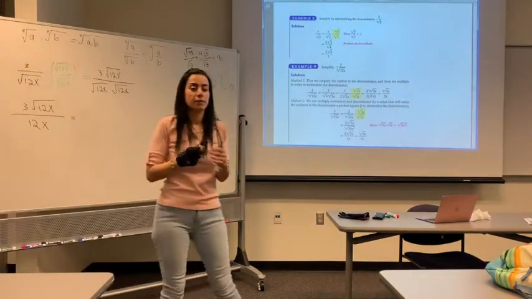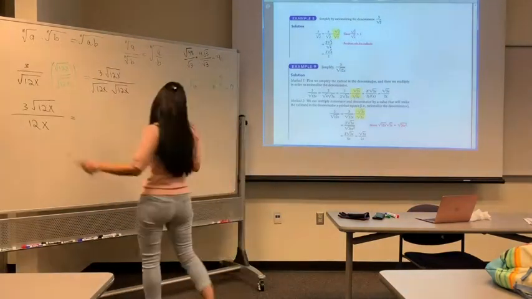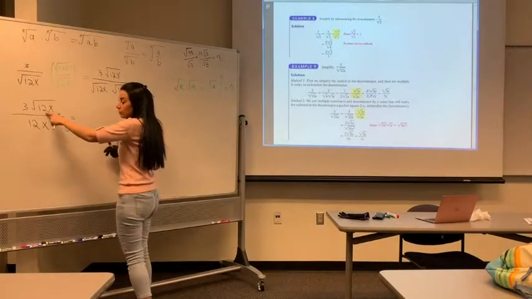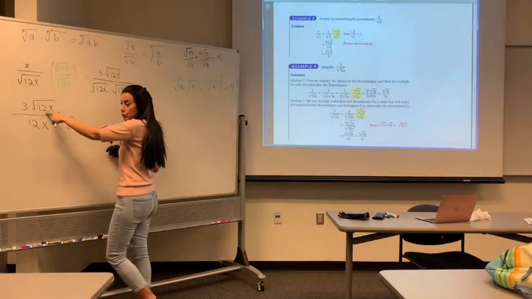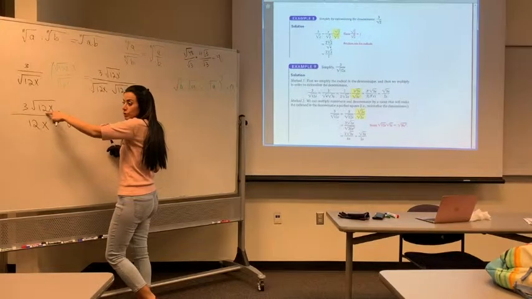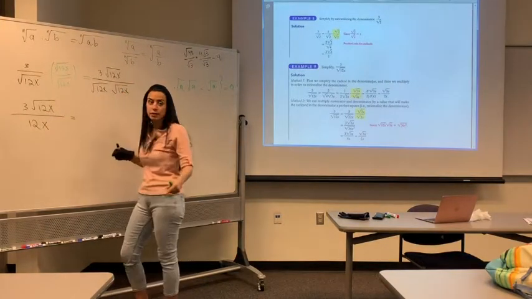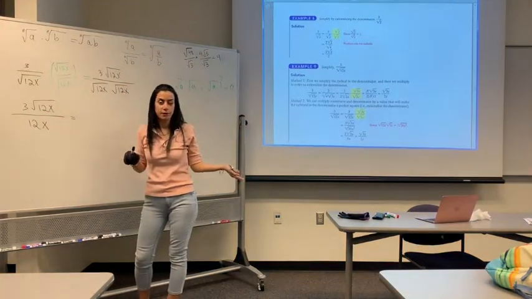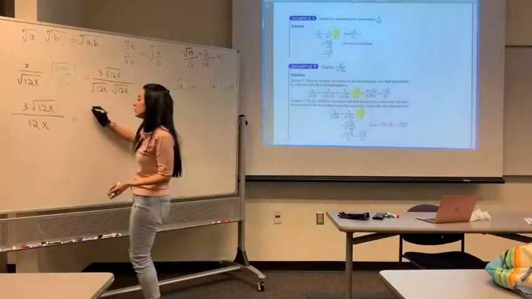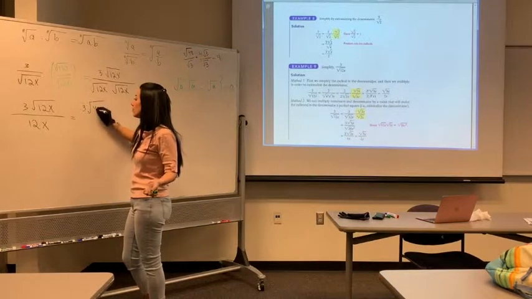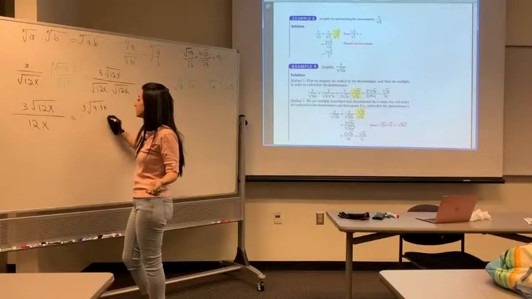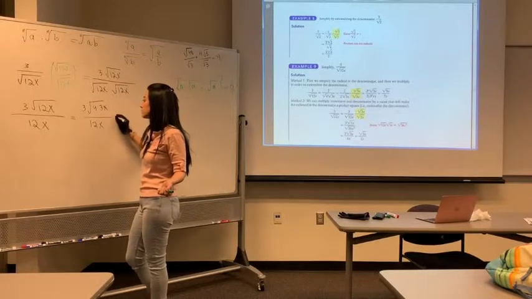We already had radical 12 under the radical. 12 is 6 multiplied by 2, right? Means 2 times 2 times 3. 4 multiplied by 3, right? So we have radical of 4 multiplied by 3x, divided by 12x.